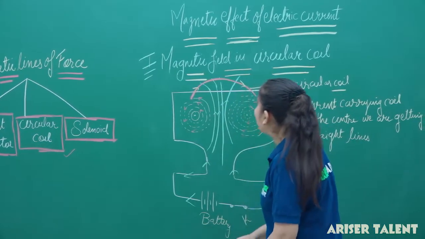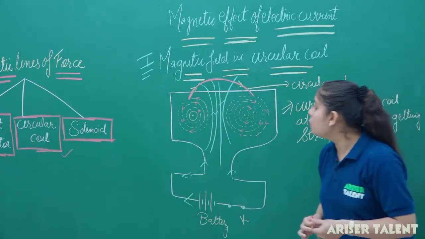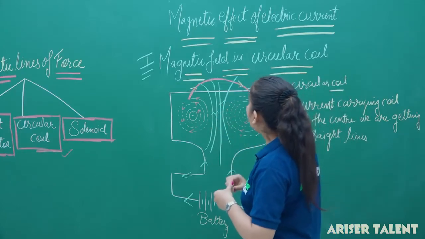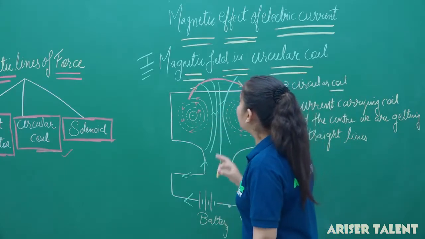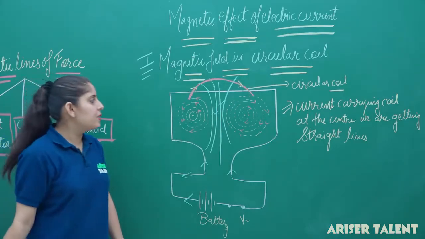These are the straight lines which show you the magnetic lines of force. Now, if you are moving away from the center, in the corners you are again getting the circles which show the magnetic lines of force.